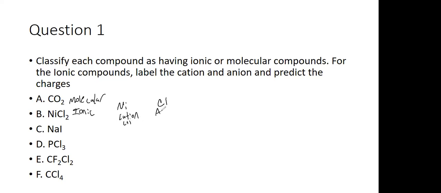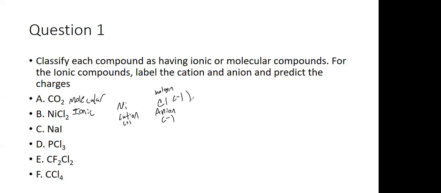And the chlorine is the anion, a negative ion. Okay, so chlorine is a halogen. We talked about this on Wednesday, but halogens are always -1 charge. They just always are in a compound.